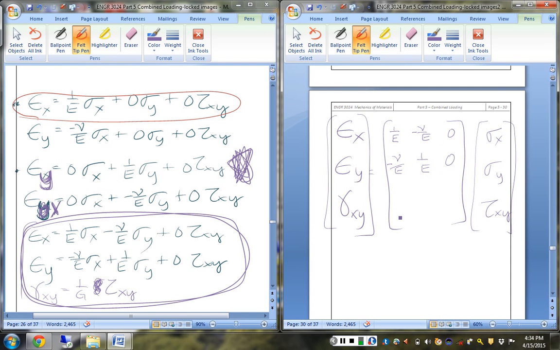And what's the last row? 0, 0, 1 over G. That is the matrix for biaxial stress. It's the relationship between stresses and strains in 2 dimensions. Woo!